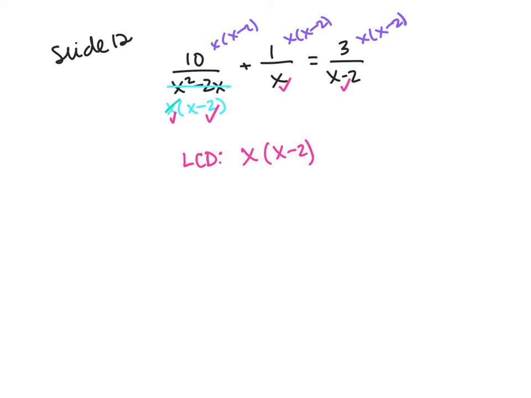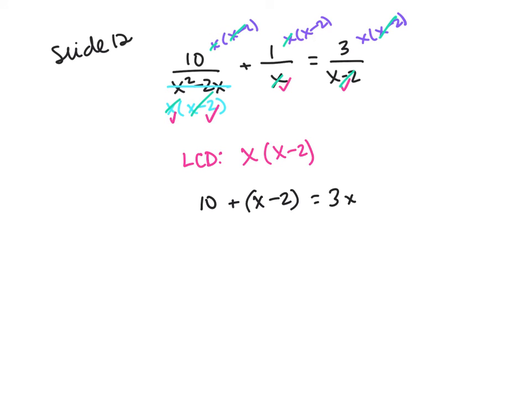Now we cancel out. The first one, they both cancel, so we're just left with a 10. Plus the second one, the x's cancel, so we're left with x minus 2. I'll put it in parentheses just because that's what it looks like up top. And the third one, the x minus 2's cancel, so we're left with 3x. Once we get to this step, it's normal equation solving.